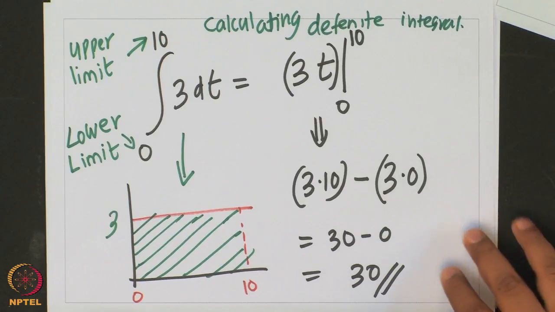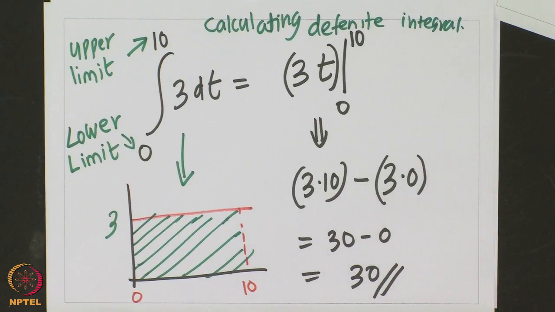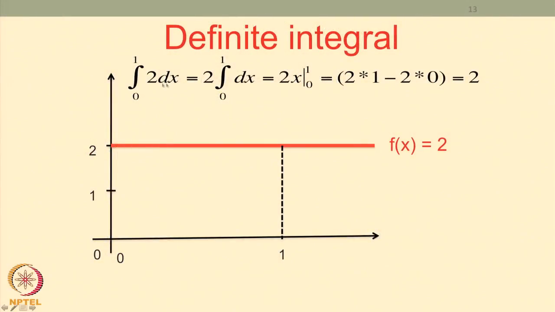So this is called the definite integral. Basically, if you have the integral of f of x dx, which is 2 dx in this case, from 0 to 1, it equals 2 times the integral of dx, and the integral of dx is x within the limit 0 to 1.